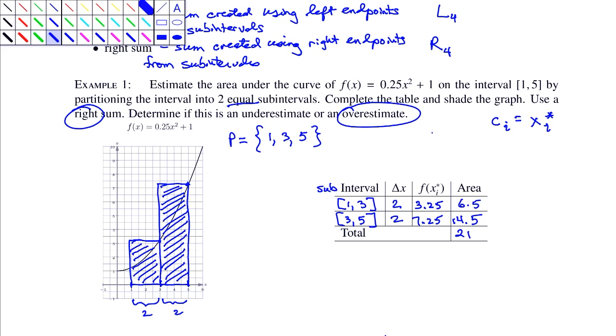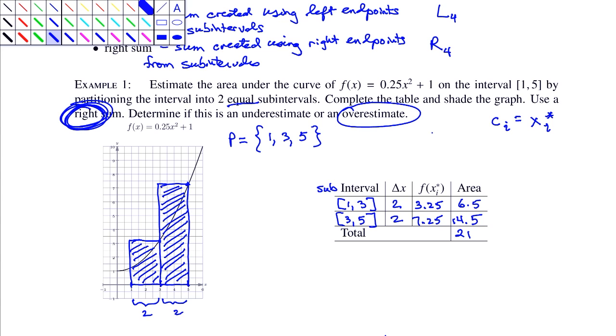Yes? What did you plug into the right side? For the first one, I plugged in 3. And for the second one, I plugged in 5. Now, why did I choose 3 and 5? Which ones? On the right. Right endpoints. Yeah. Because there'll be some problems that say use the left endpoint, a left sum.